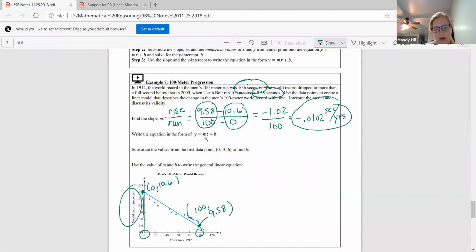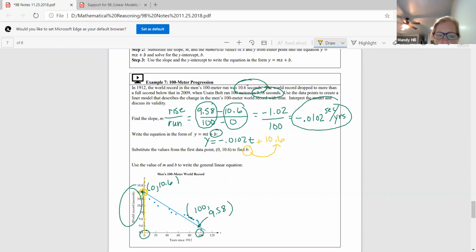So if we want to write the equation, y equals our slope, which would be negative 0.0102, times the time that goes by, plus our starting point. Well, what is our starting point? We look at our y-axis here, and we started right here at 10.6. It says substitute the values for the data point 0, 10.6 to find b. We already did that. It's 10.6.